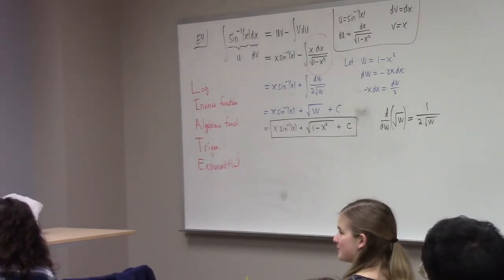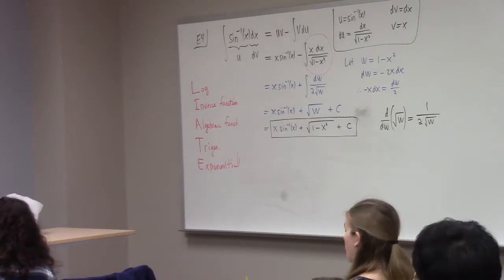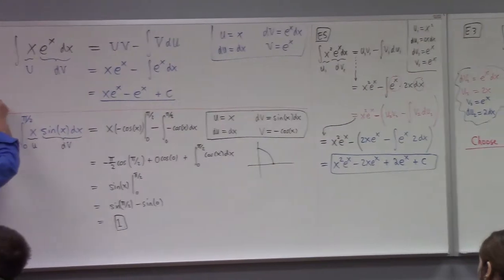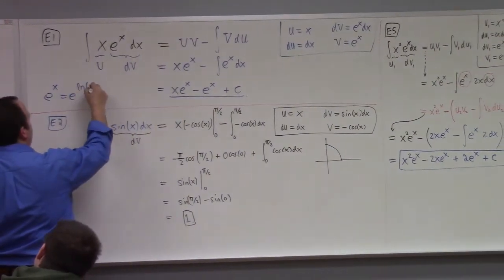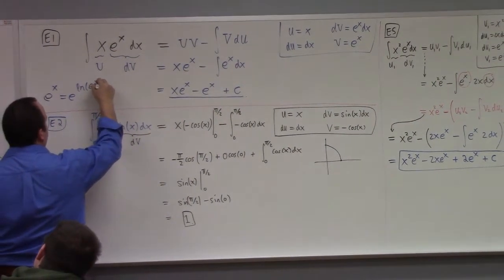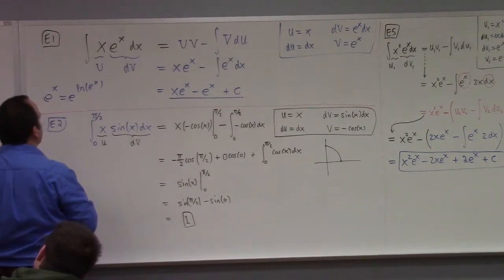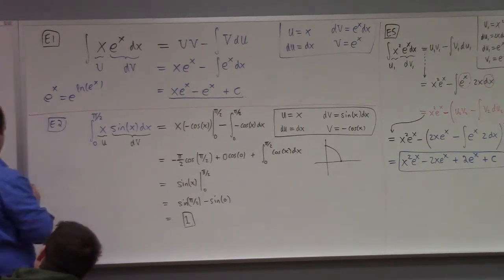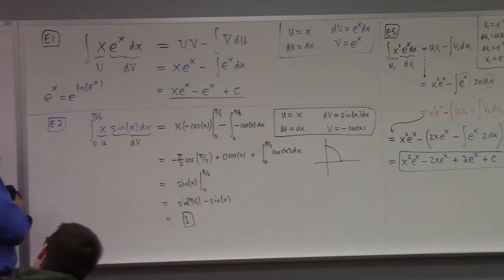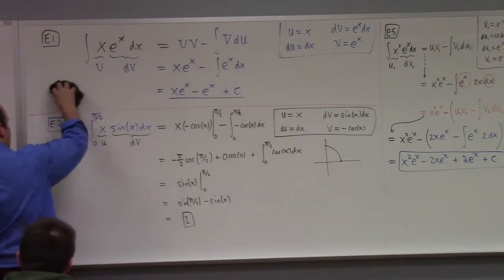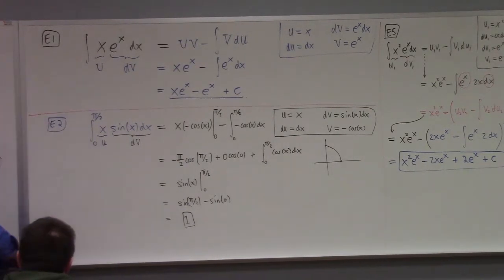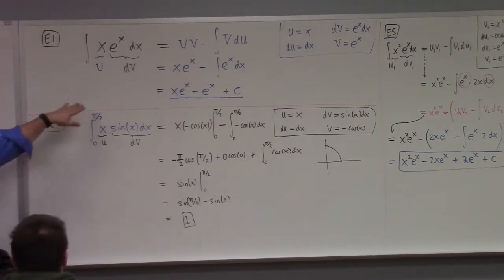Example 1. Is there a log? You're like, yes, there's a log. e to the x is e to the log of e to the x, right? There's a log. No, you guys don't do that, right? So, since you're normal people, you don't see a log here.